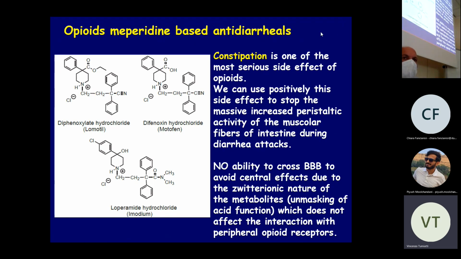Okay, but there is another point. These opioid derivatives are also potent in blocking intestinal motility.